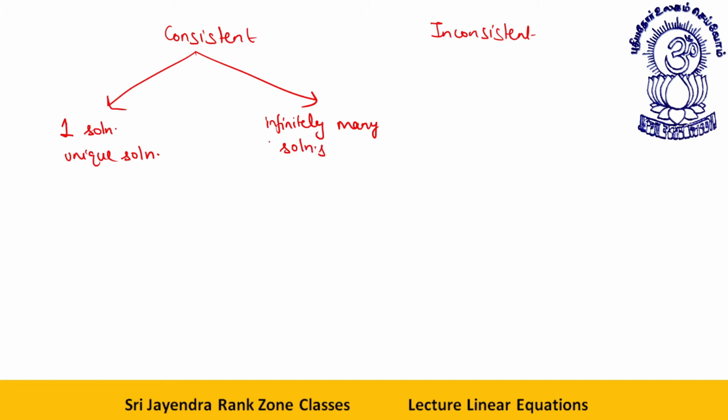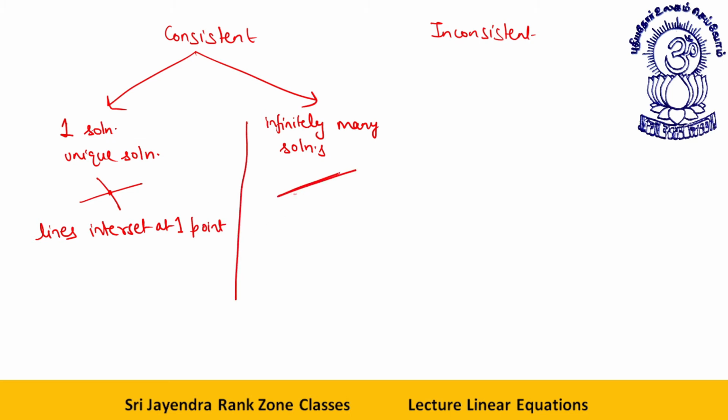One solution means the lines intersect at one point. Infinitely many solutions means this is one line above the other.